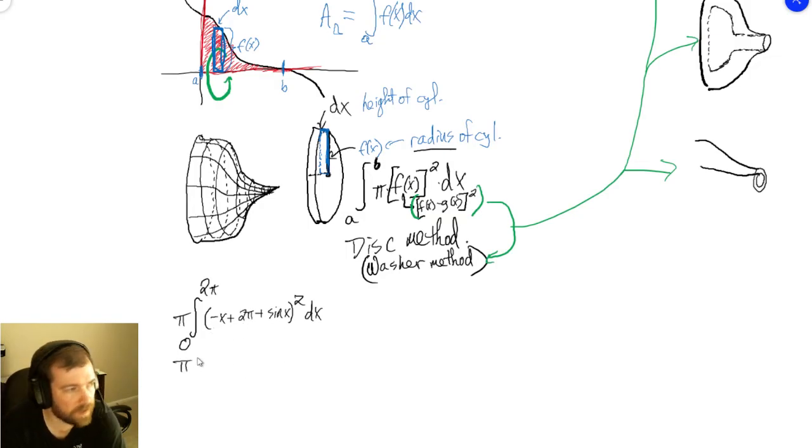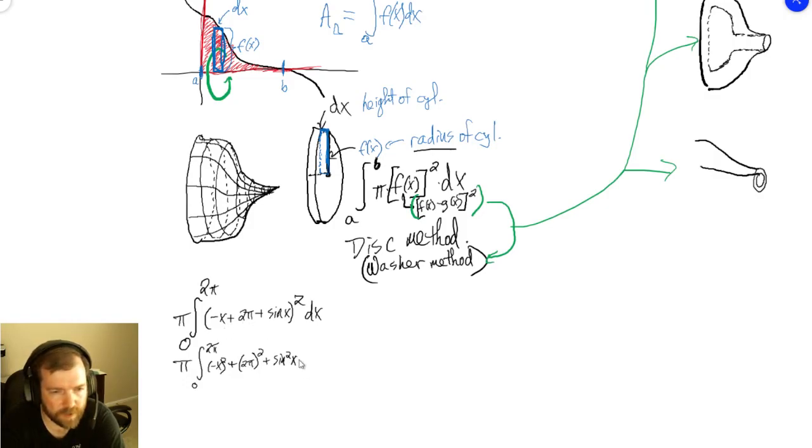So it's going to be pi times the integral from 0 to 2 pi of negative x squared plus 2 pi squared plus sine squared x plus, now we get our twice each combination.